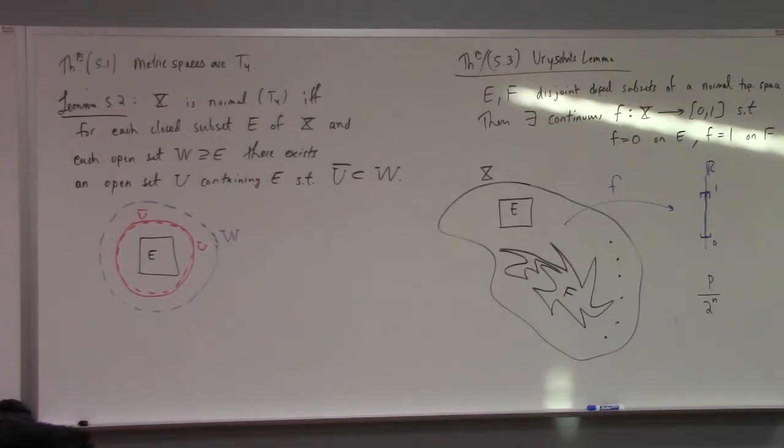So maybe F of Y is something like this on the real line. It's saying you can extend that function off the closed cube to the whole of R3. Because, by the way, R3 is normal.